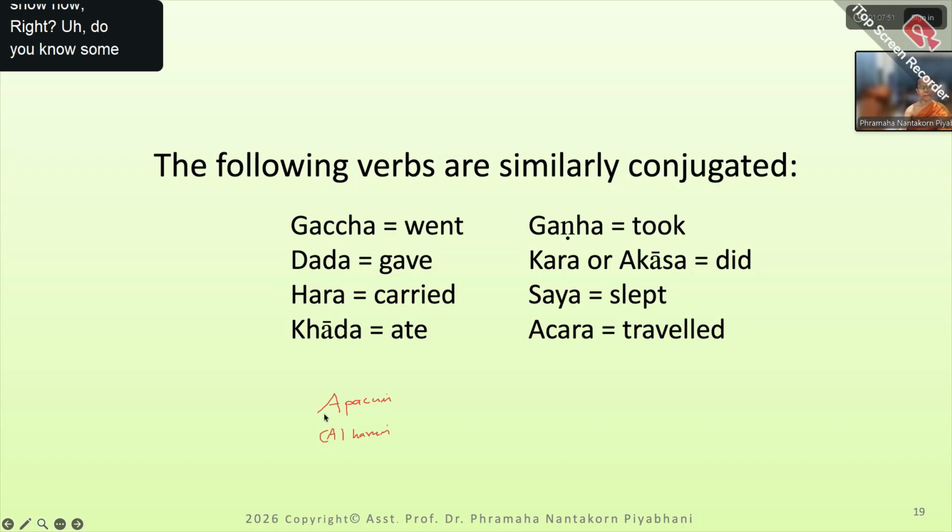In terms of the a, for some roots, like this one, you see, akasi exactly is from this root, from kara, to be kasa, and the a, you see, becomes agasa, can conjugate as agasi, third person, right? Agasi, agasimsu, second person.